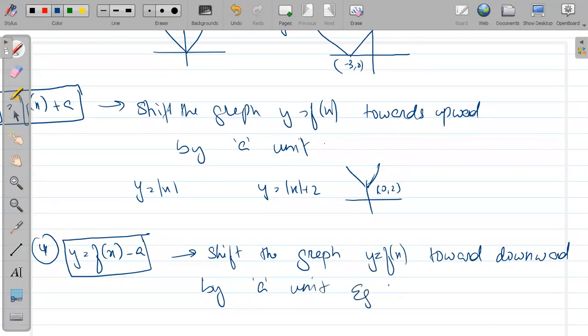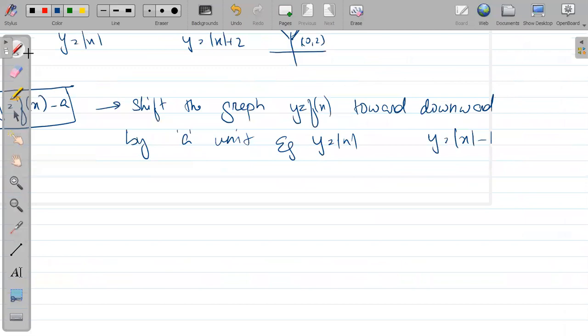Example, y equal to x is this, y equal to x minus 1 is required. So it is simple. This is y equal to x, this is y equal to x minus 1. Just hold the graph and shift it by 1 unit in a downward direction. That's all.